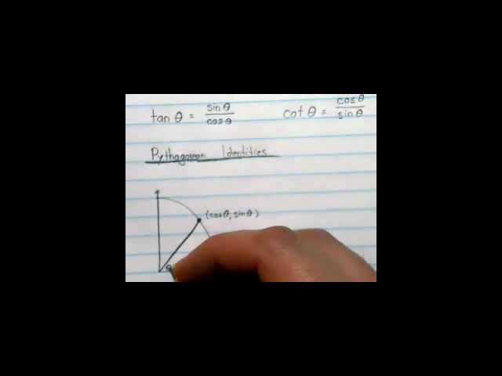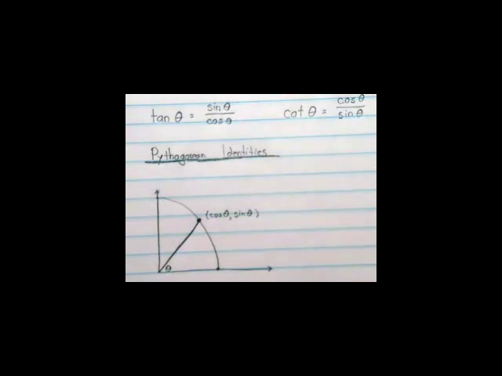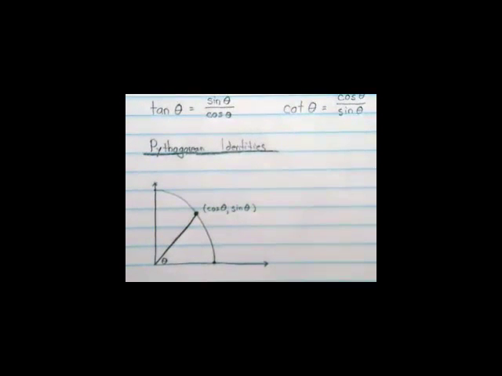So whatever angle theta you had rotated on your unit circle, the coordinates of the point on the circle were always the cosine of that angle, comma, the sine of that angle. Does that make sense? You guys all remember doing that?